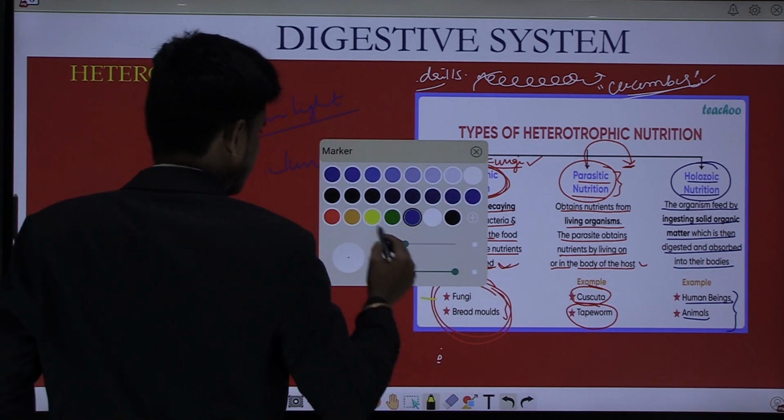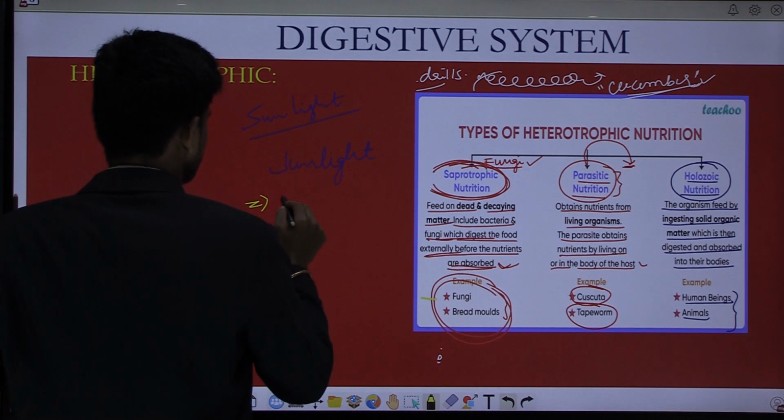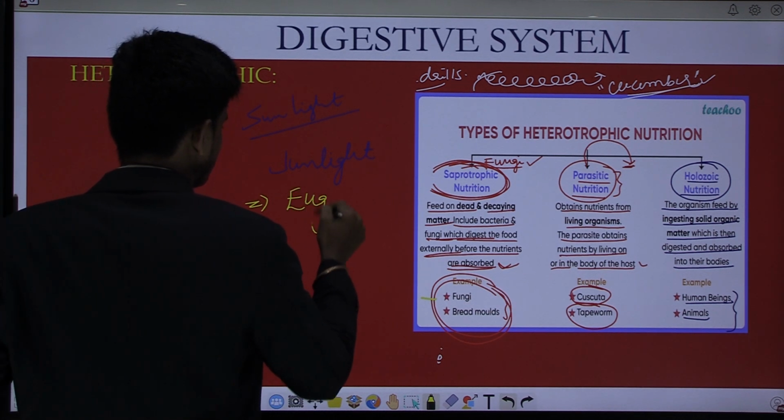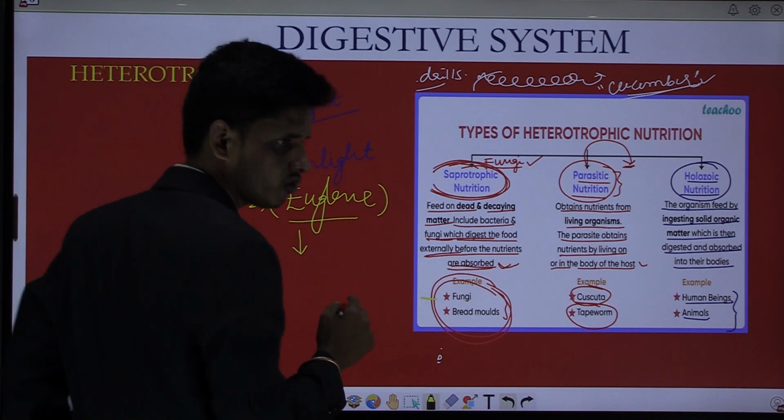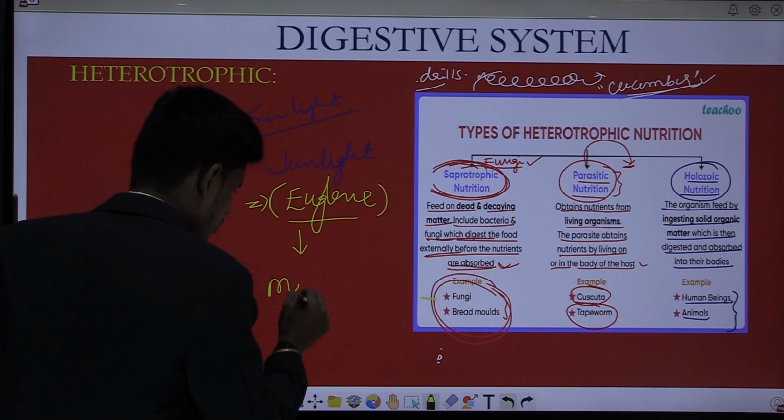For instance, Euglena shows two types of nutrition. Such nutrition is called mixotrophic nutrition.